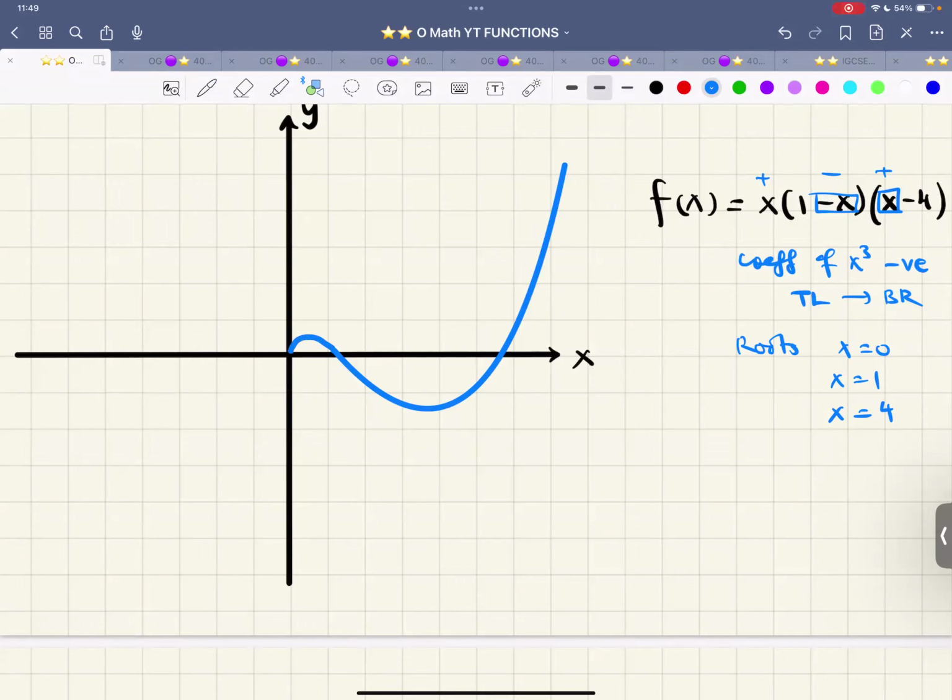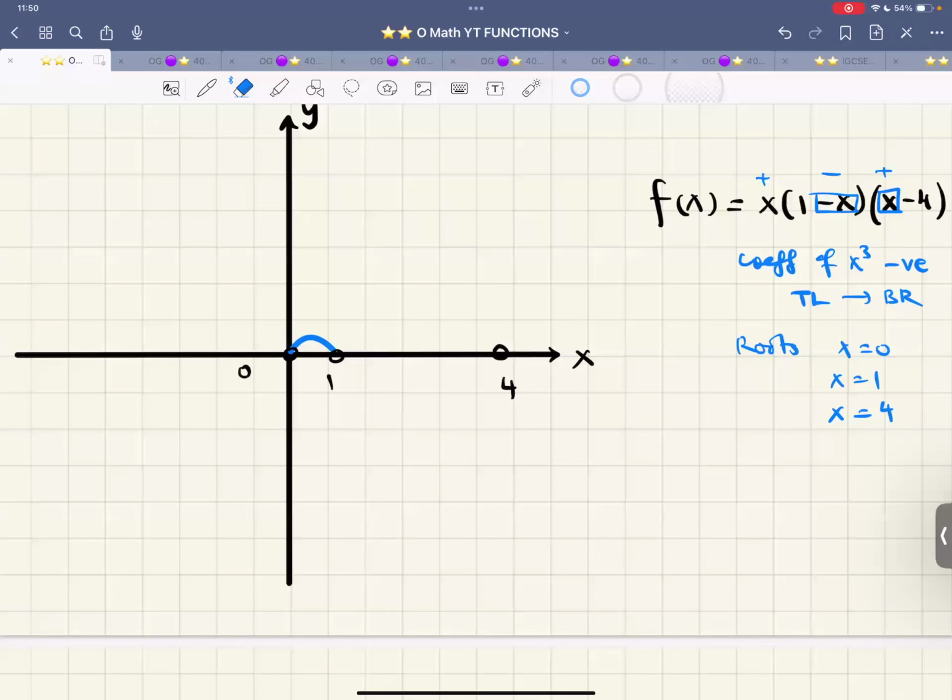And then, okay, I think that's good enough. So this is 0, this is 1, this is 4, but I made a mistake. I drew it with a positive thing. So let me go to it again. A blue marker.